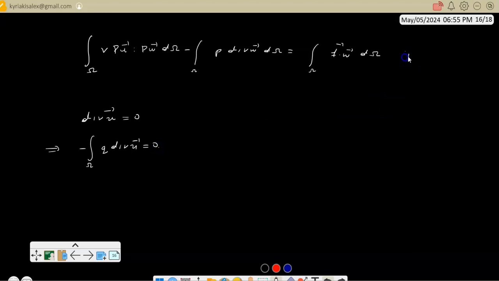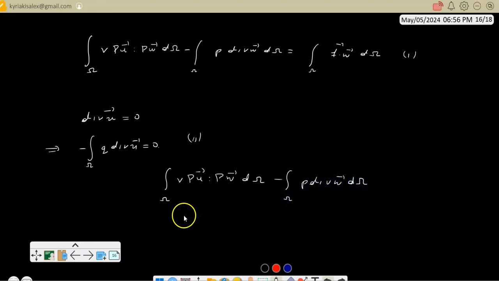Now we combine these two relationships to get the following saddle problem, the saddle form, basically. And here, minus the integral over omega, q divergence of u d omega, plus 0.